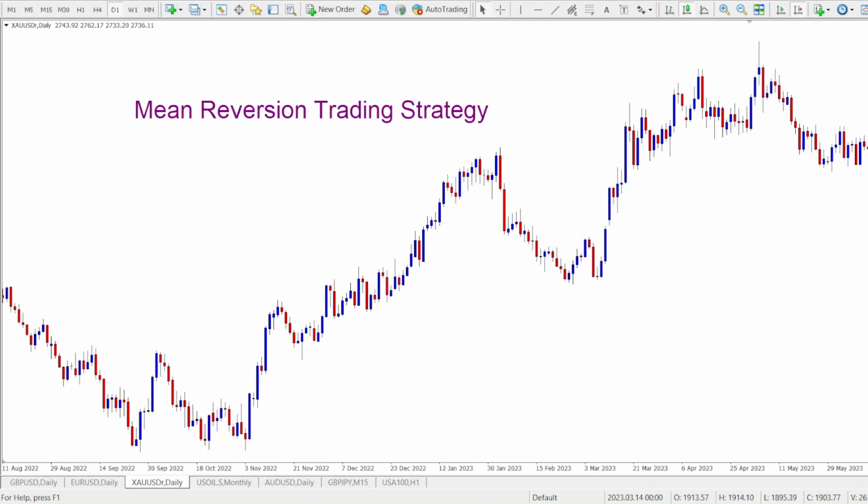This means that if an asset's price moves too far away from its average, it's likely to revert back to that average. For example, let's take a look at this chart.